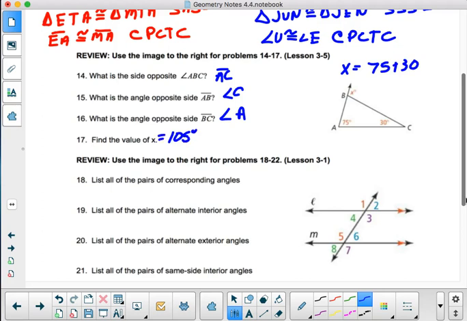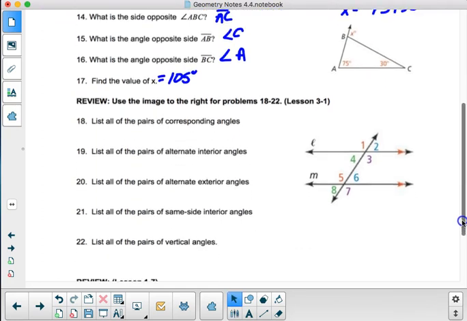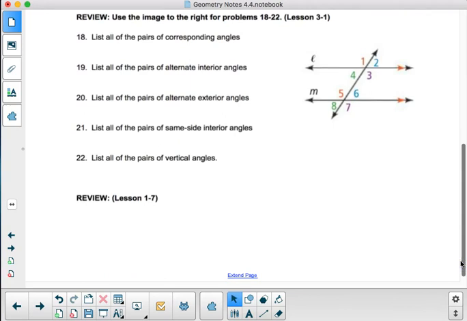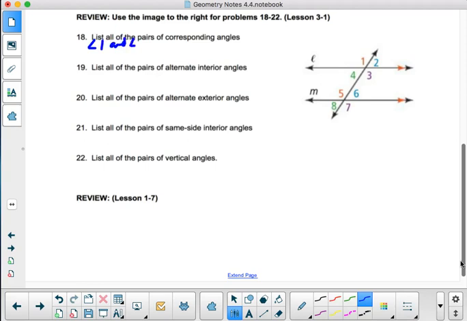Now, this next one. List all the pairs of corresponding angles. Corresponding angles, I've got angle 1 and angle 5, and angle 2 and angle 6. And I've got angle 4 and angle 8, and angle 3 and angle 7.